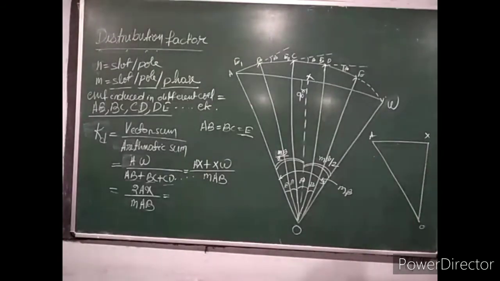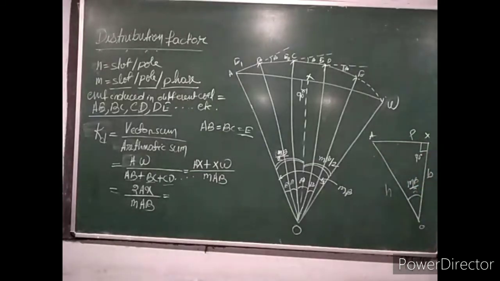In this triangle, this angle is 90 degree, this angle is m beta by 2, this one is the hypotenuse, this one is the base, and this one is the perpendicular.